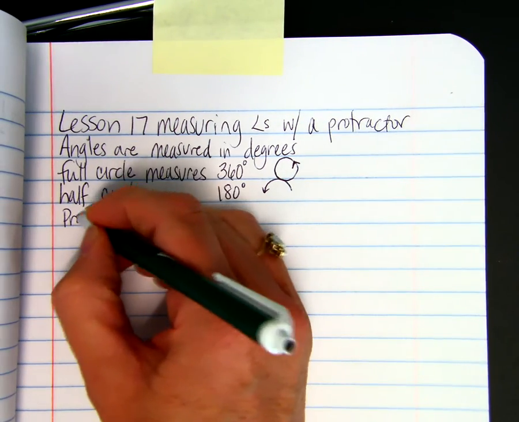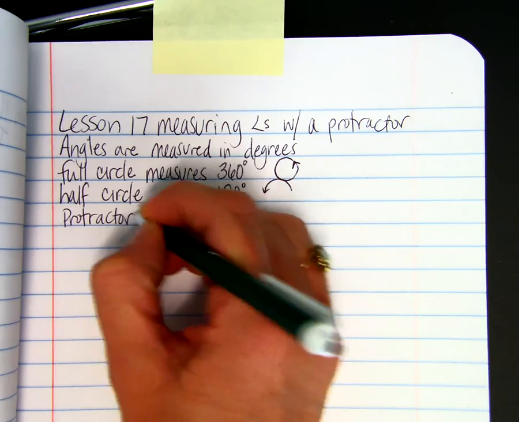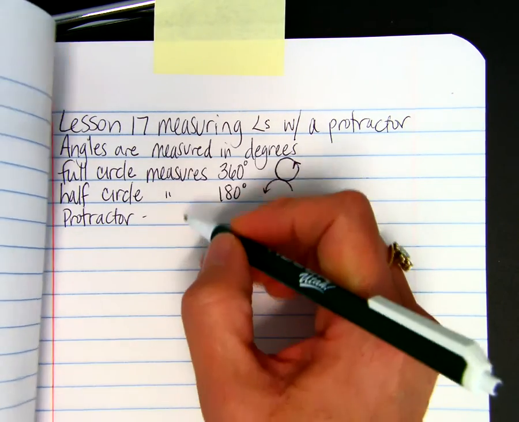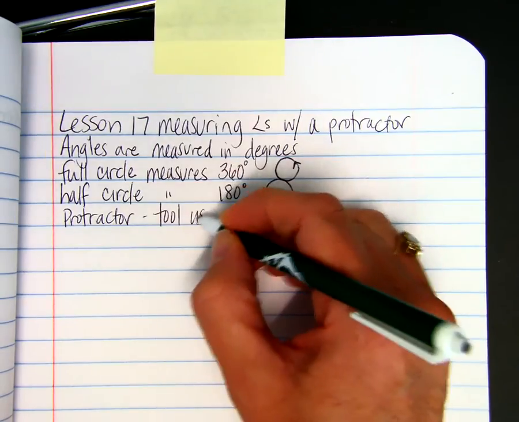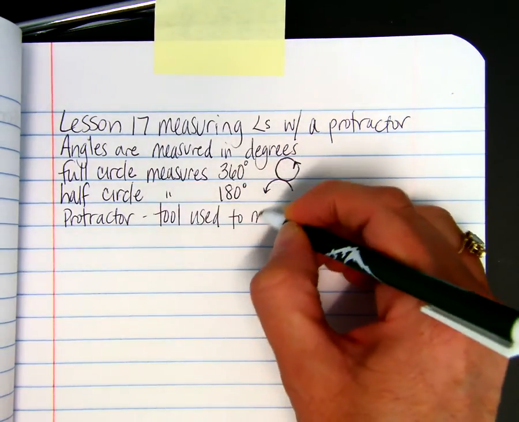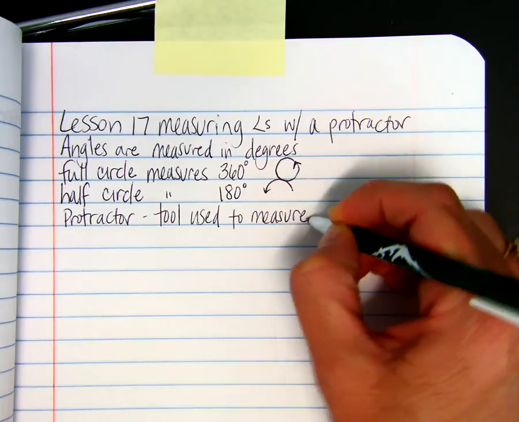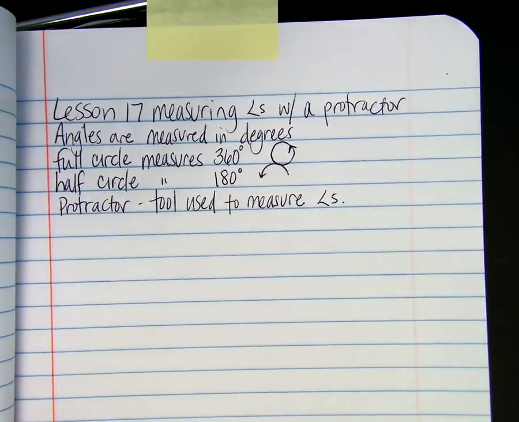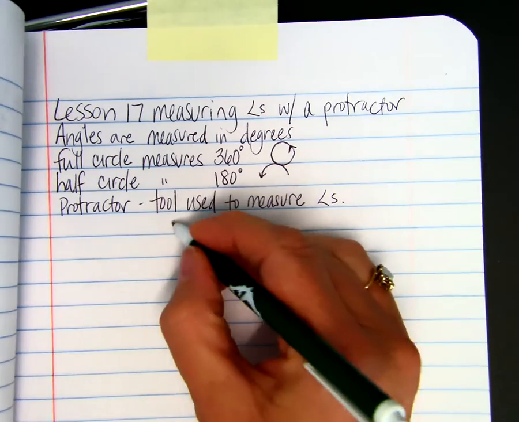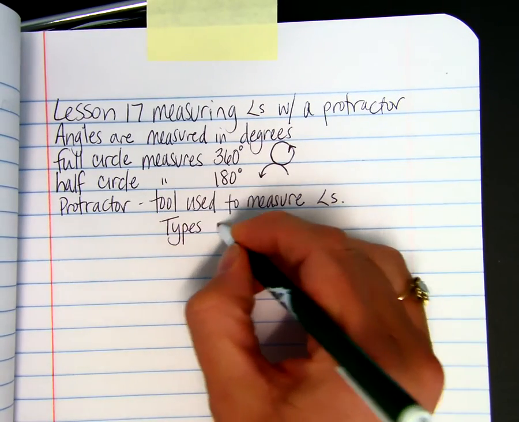And a protractor is a tool used to measure angles. There's 4 different types of angles that you need to know.